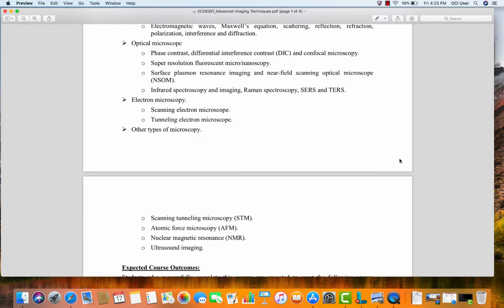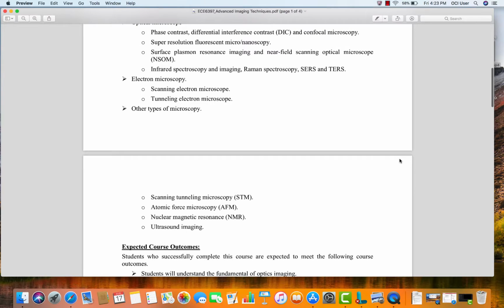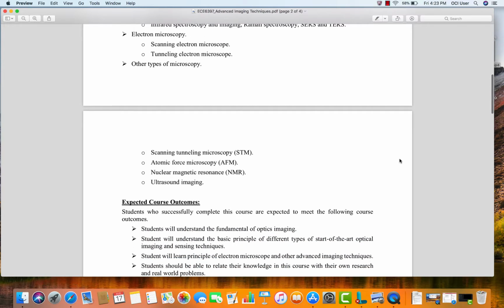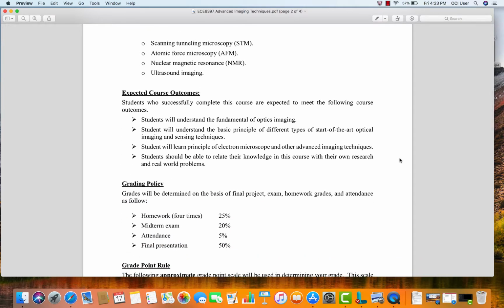We will also introduce a little bit on the electron-based scanning or tunneling electron-based microscope. It's just a basic concept. If we have time, we may be able to cover STM, AFM, and AMR, and maybe ultrasound imaging.